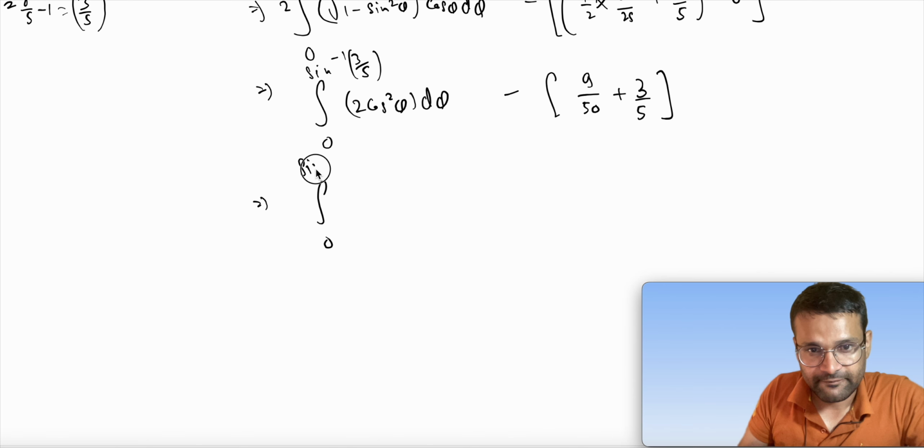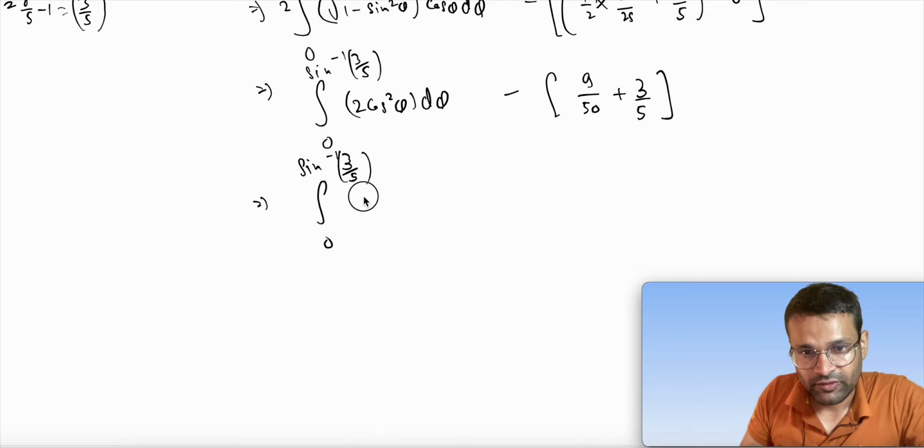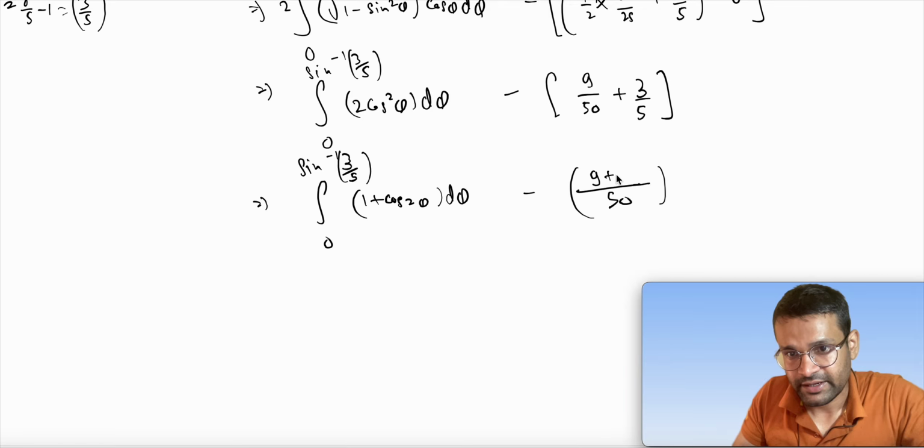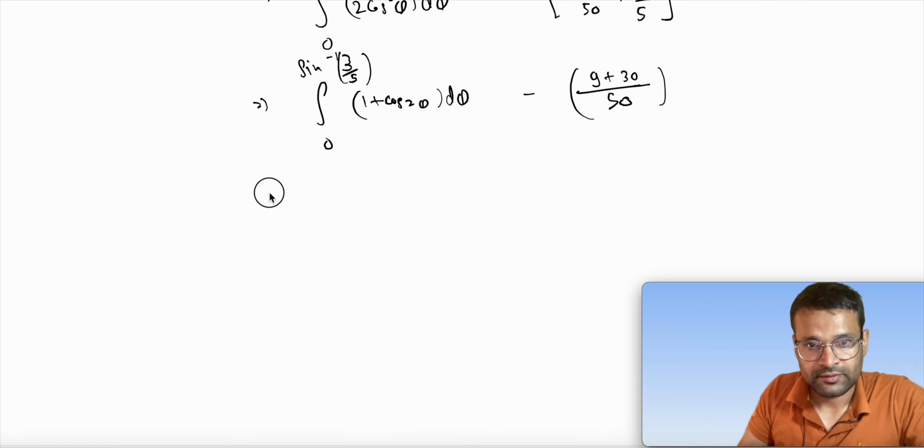Using the formula, 2 cos square theta is 1 plus cos 2 theta d theta, from 0 to sine inverse 3 by 5. Here you can write 50, and 9 30.